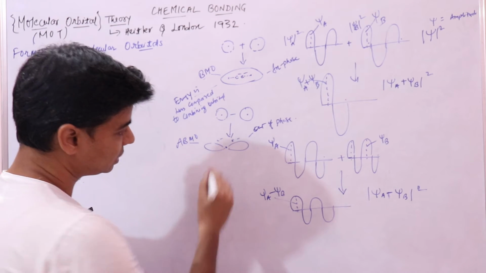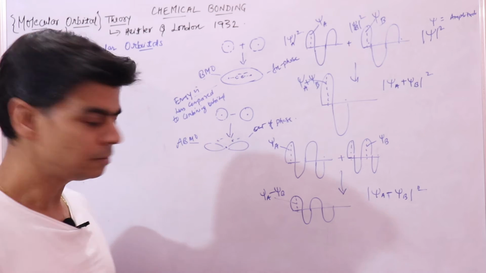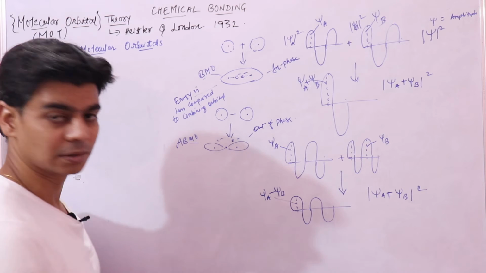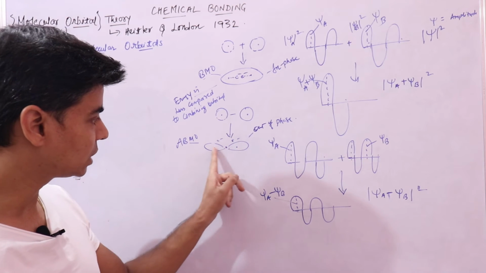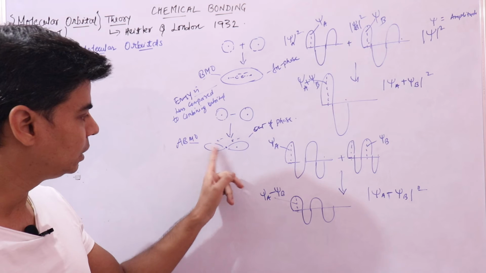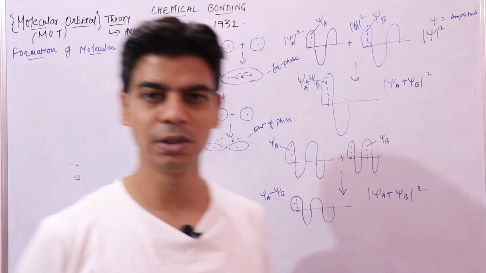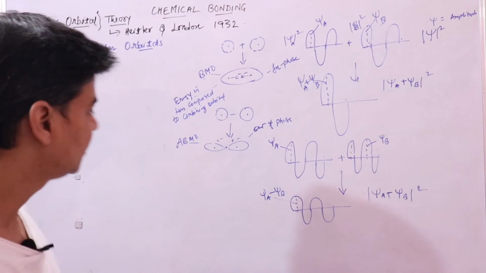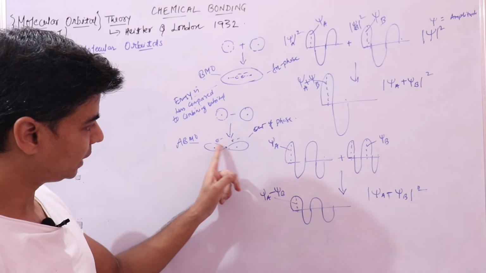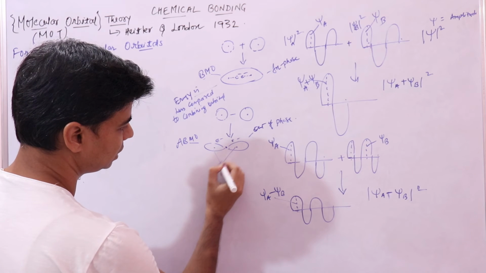Since they are away from the internuclear region, these nuclei are exposed to each other. There is no shield of electrons between the nuclei. Here, in the bonding orbital, these electrons act as a shield between the nuclei, right?